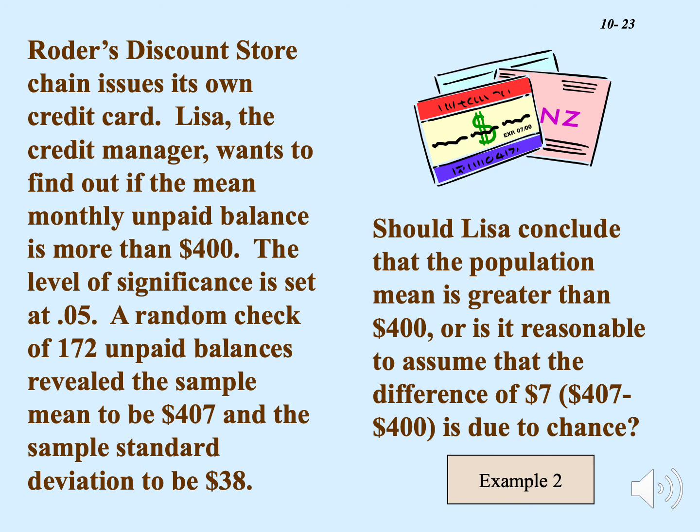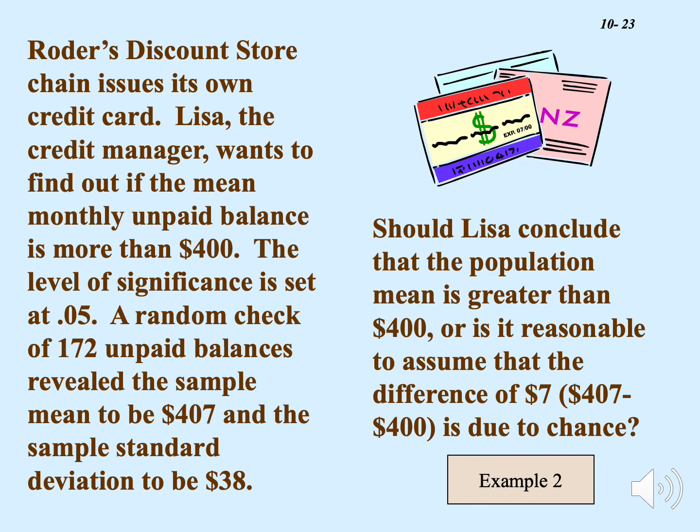Should the credit manager conclude that the population mean is greater than 400, or is it reasonable to assume that the difference of $7, because in the sample you get 407 but the population is 400, is due to chance?